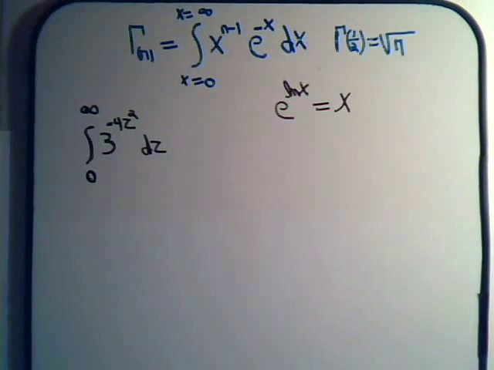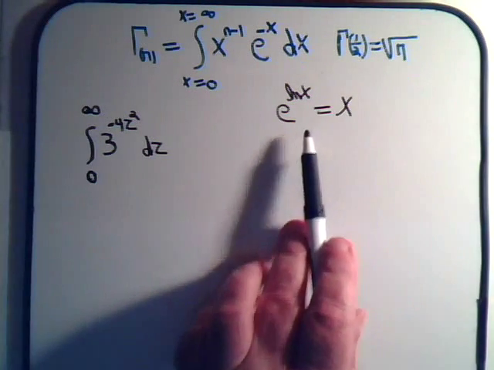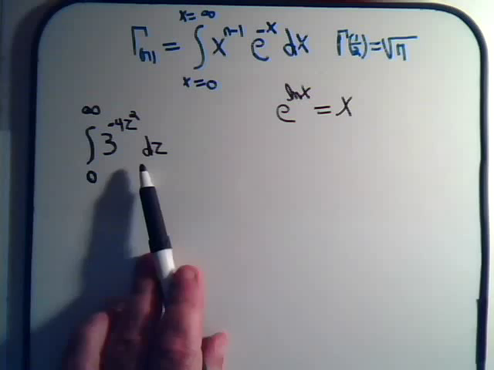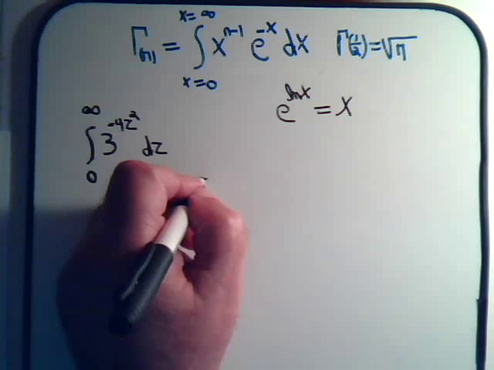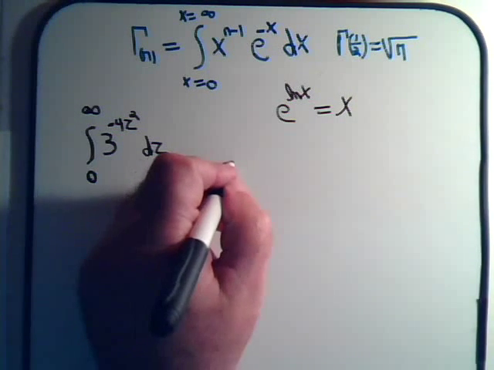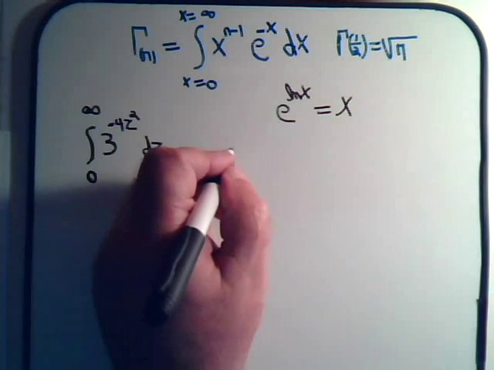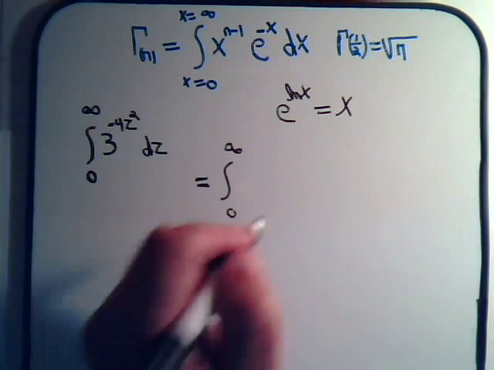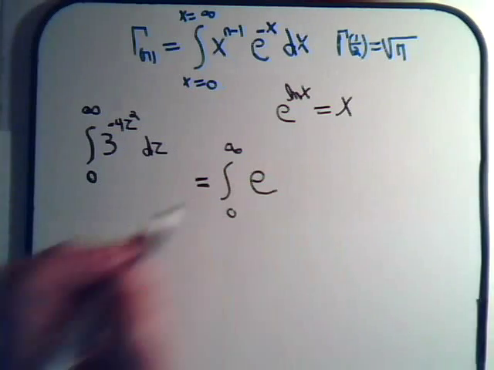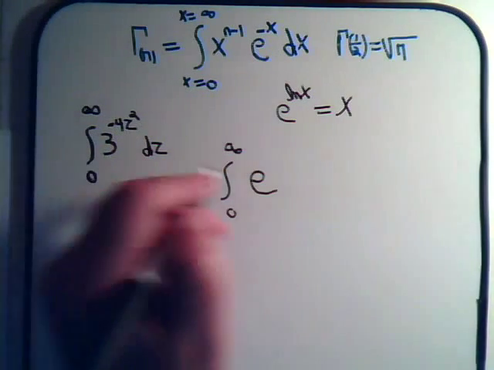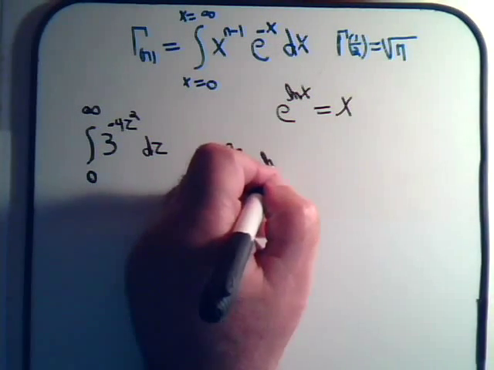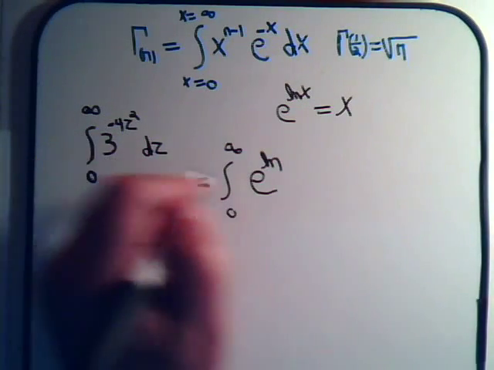So I can use this to rewrite this integral here. That's no big trick really. We have this, and then we would have e to the natural log of this expression.